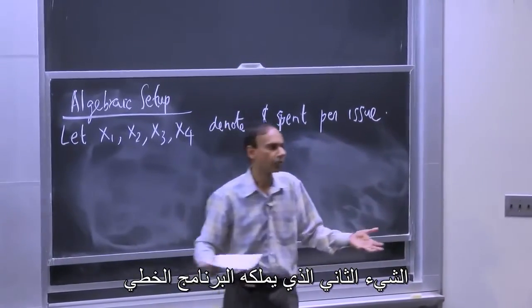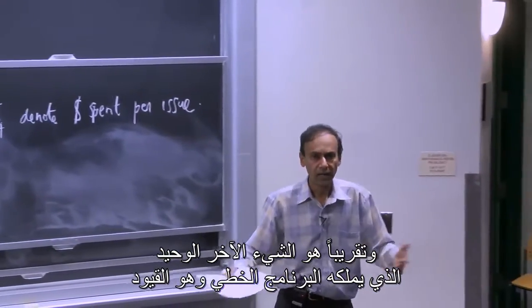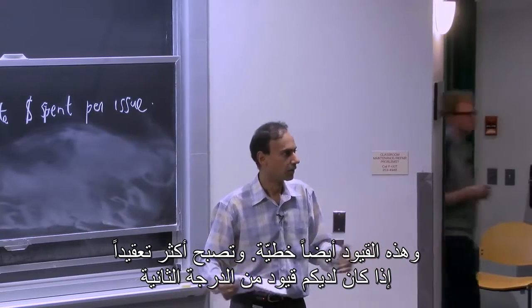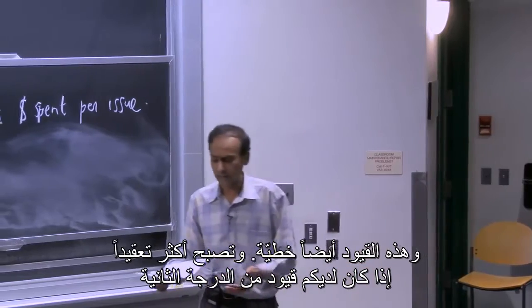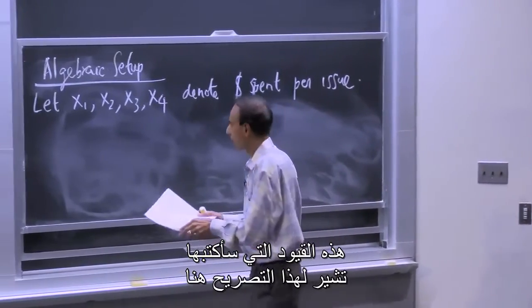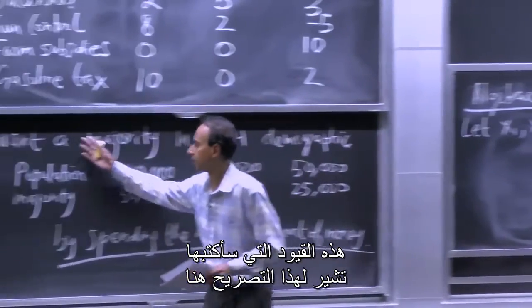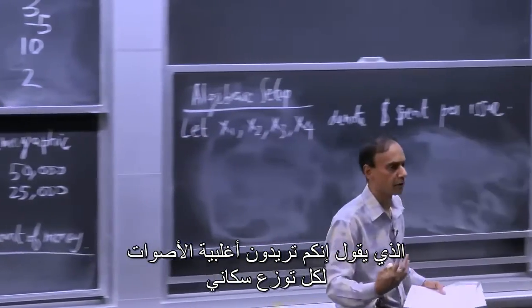The second thing the linear program has, and pretty much the only other thing a linear program has, are constraints. And these constraints are also linear. Okay? It gets much more complicated if you have quadratic constraints, and we won't go there. These constraints that I'm going to write correspond to this statement here that says you want a majority in each demographic.